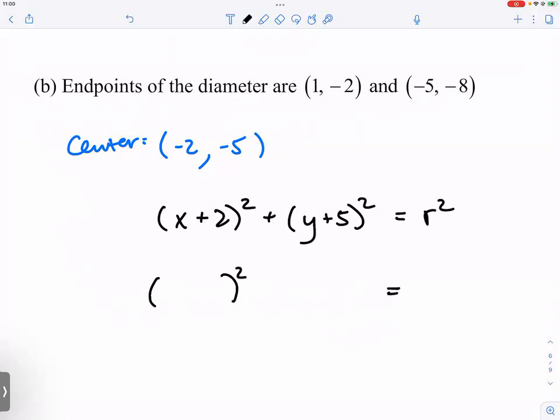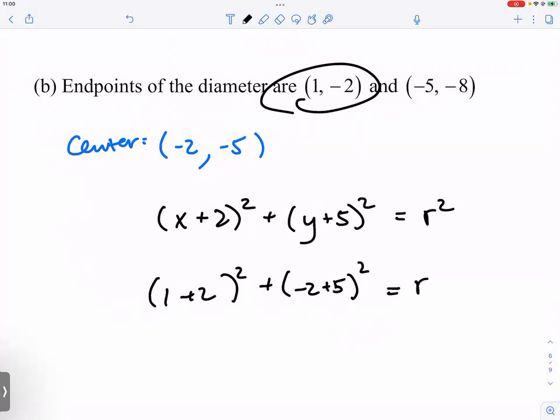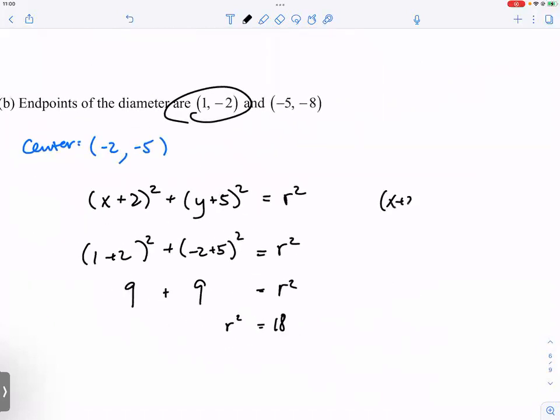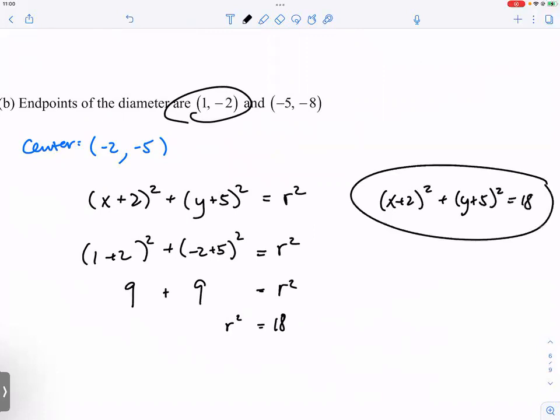Now we will substitute the values. I'm just going to pick this point. So (1 plus 2) squared plus (-2 plus 5) squared equals r squared. So we got 9 plus 9 equals r squared. So r squared is simply 18. So the actual equation is (x plus 2) squared plus (y plus 5) squared equals 18.